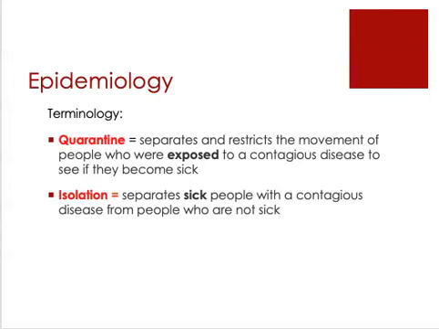So we want to watch them across time, usually 2 or 3 weeks, to see whether or not they become sick. A person who's placed into quarantine will be released from quarantine if they don't become sick. In comparison, a person who is put in isolation is a person who is already sick. And the reason we isolate them is so they won't get anyone else sick.